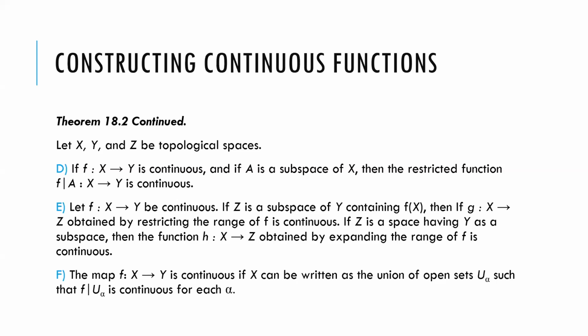says that the function F which maps X into Y is continuous if X can be written as the union of open sets U alpha, such that when the domain of F is restricted to U alpha, the function is continuous for each alpha.